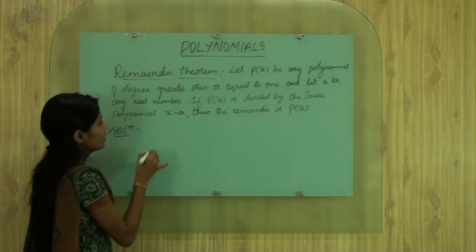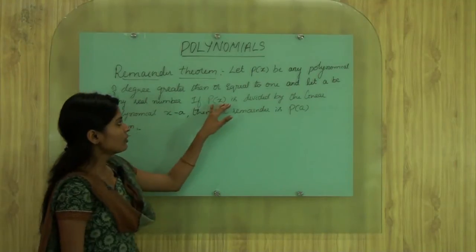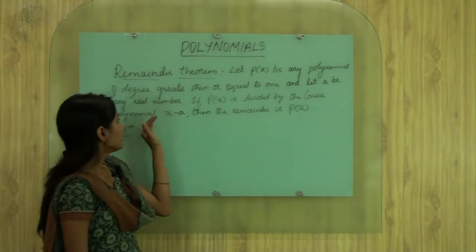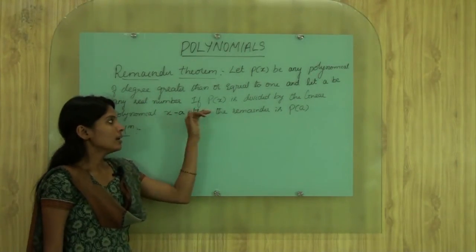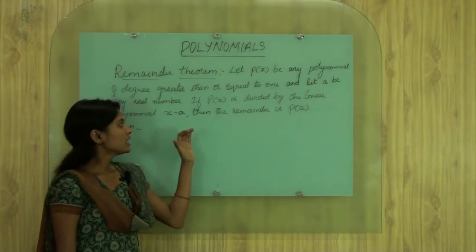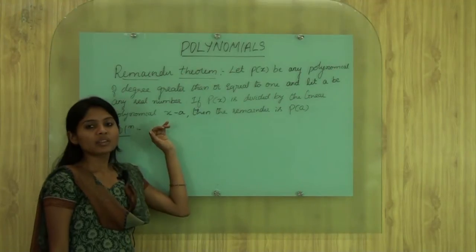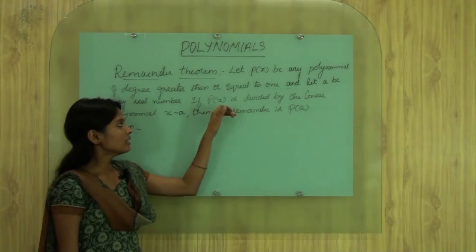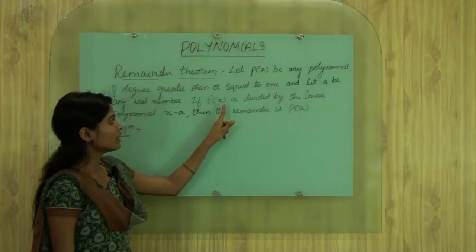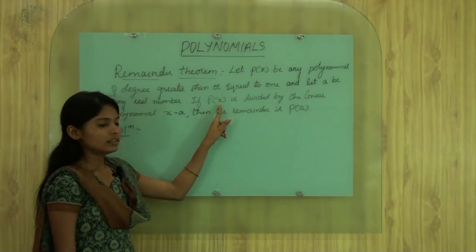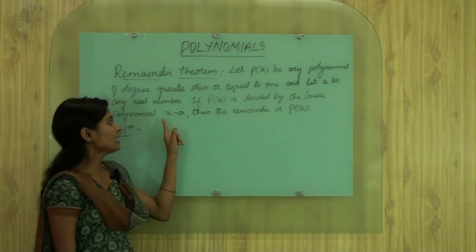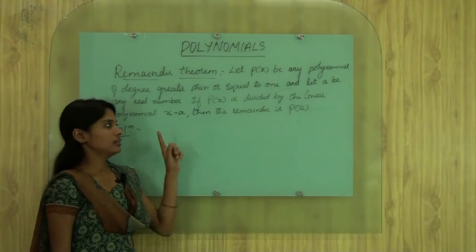What have they given? They have given that p of x is divided by the linear polynomial x minus a. Therefore, p of x is the dividend and x minus a is the divisor.